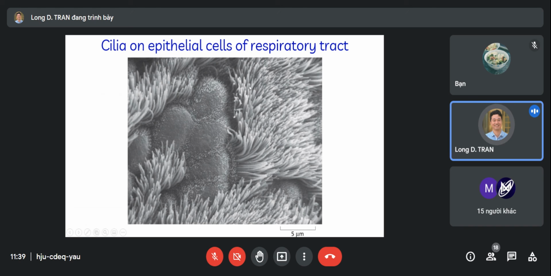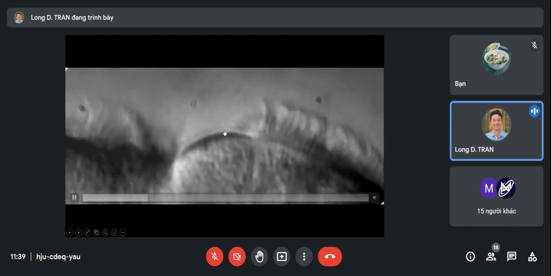Then we have some other cells with a lot of cilia to move this mucus out of the respiratory tract and keep the respiratory tract in a good condition. So here is how it works. This is a smooth cell.